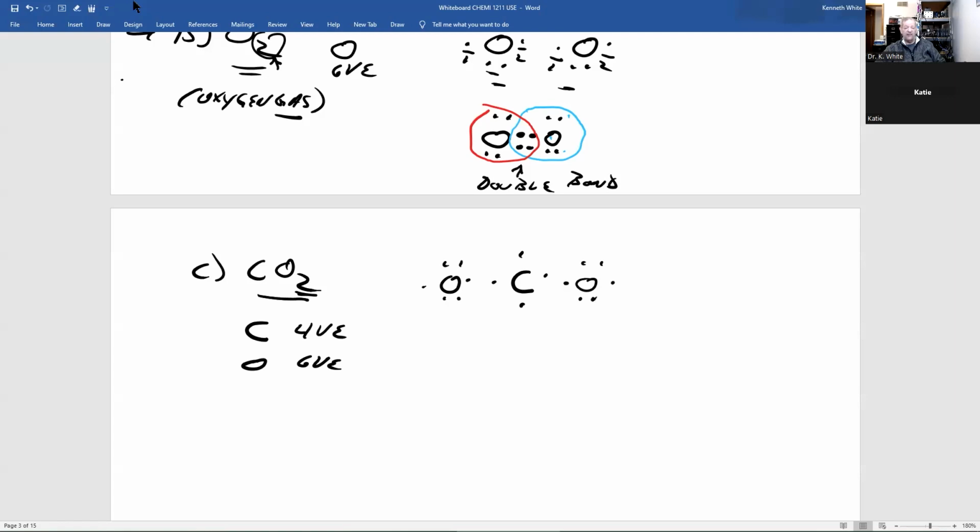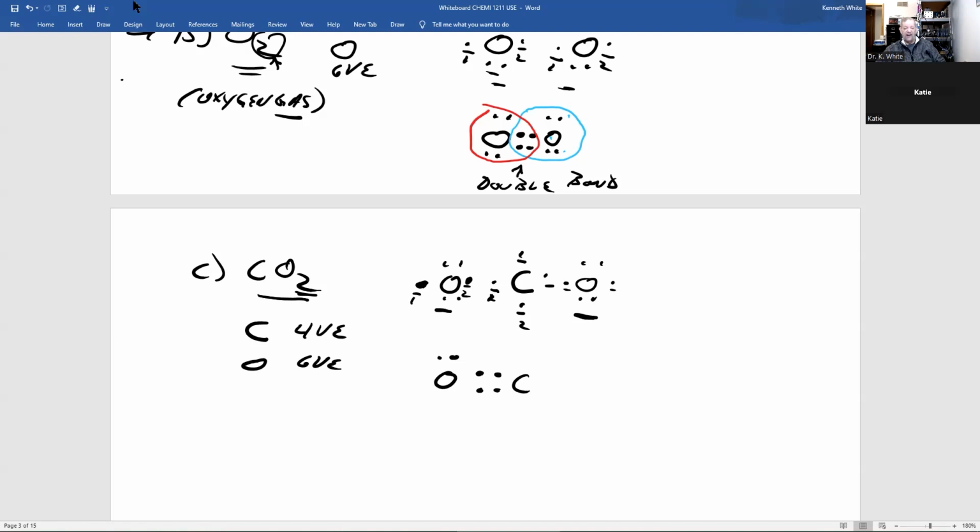Now, carbon says, oh, to this oxygen, you have 2 non-bonding electrons, or single electrons. I have 2. Let's share. And the carbon says to this oxygen, you have 1, 2 unbonded electrons, or a single pair of valence electrons. I have 1, 2. Let's share. So this oxygen and this carbon share 2 pair of electrons.